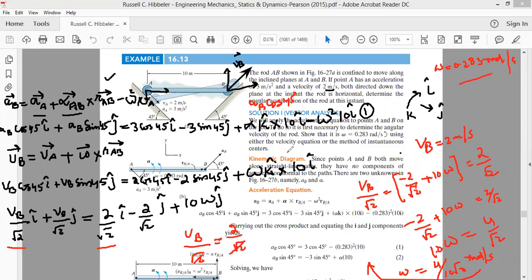Now in the acceleration equation, we will put the value of omega. Let's substitute the value of omega in the previous equation.